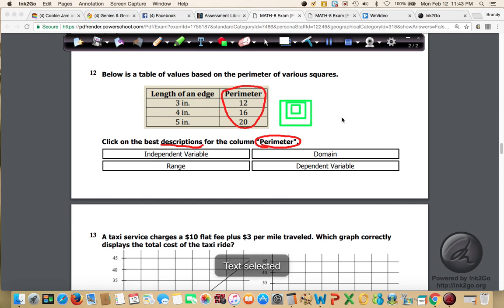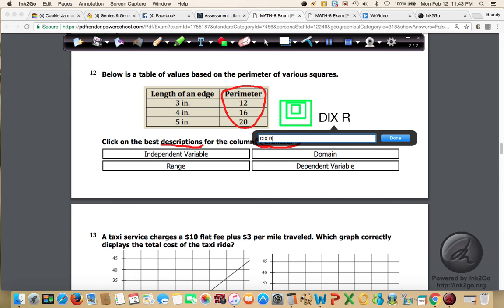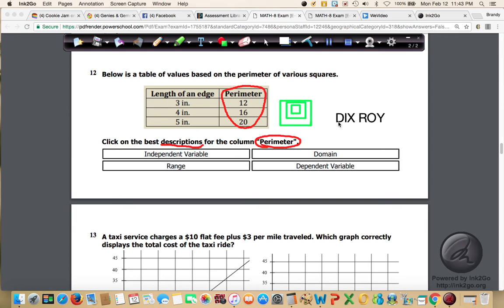Now I bet you guys know what I'm going to type next. Yup. Let's see if I can spell. There it is. Got yourself some DIDR. If you remember this, then you will know what goes with domain and range, independent or dependent.